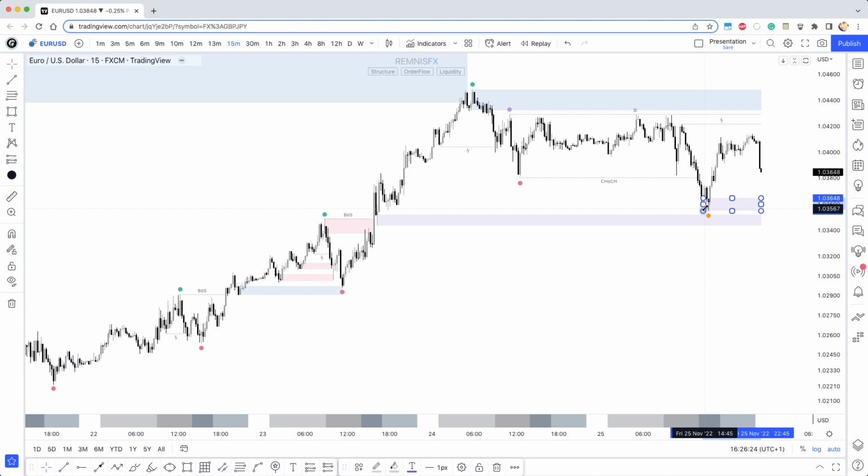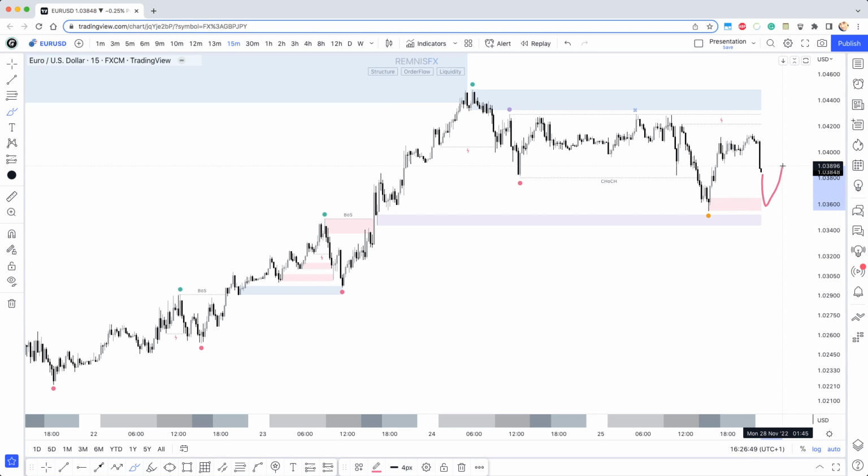Let's mark it red. I would mark this as a smart money trap, but this would of course trap possible buyers, right, should the price decide to continue down from here.